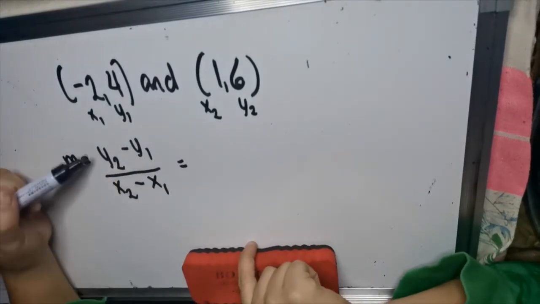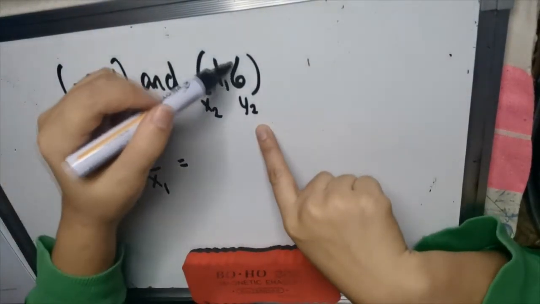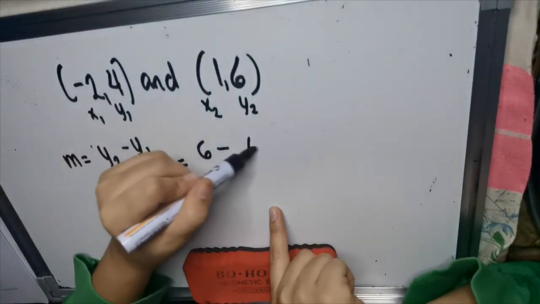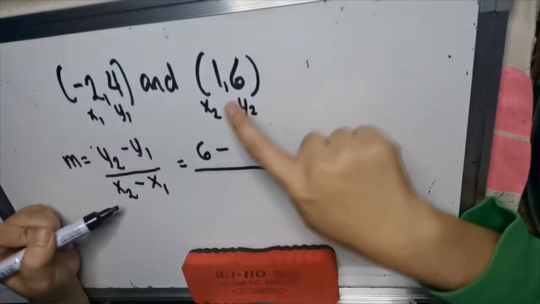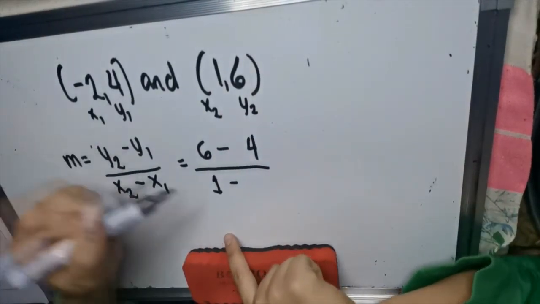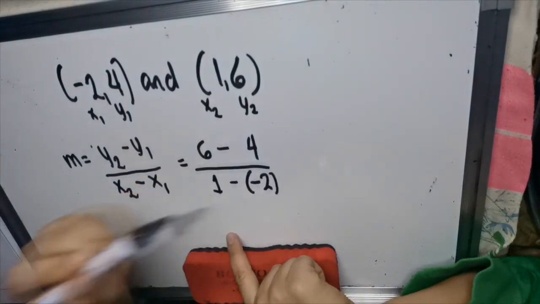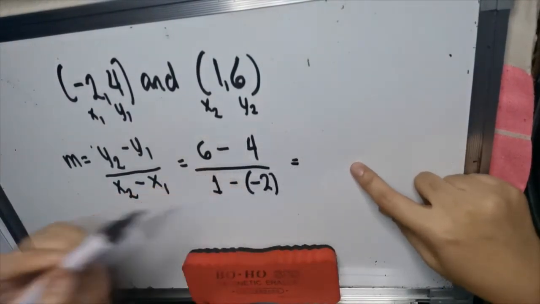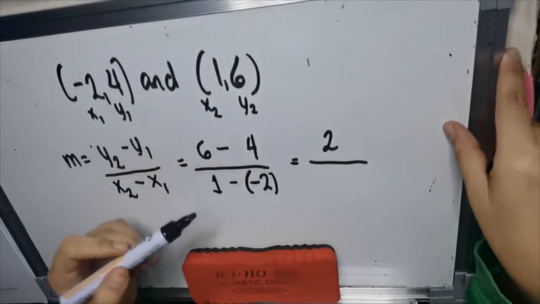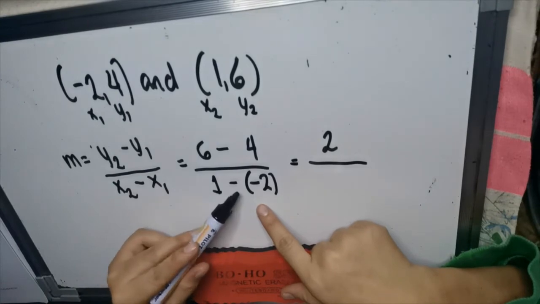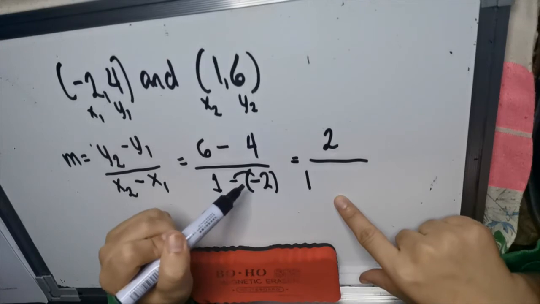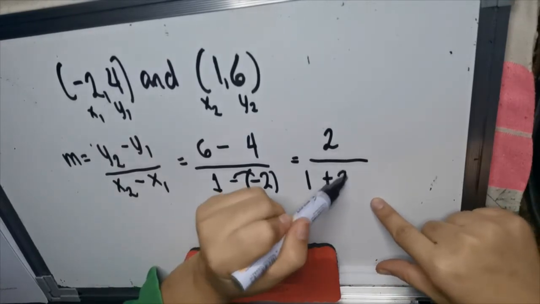Substitute lang natin. Ang ating y sub 2 is 6 minus y sub 1 is 4. X sub 2 natin is 1 minus x sub 1 natin negative 2. 6 minus 4, 2. 1 minus negative 2, magiging 1, negative times negative, positive 2.